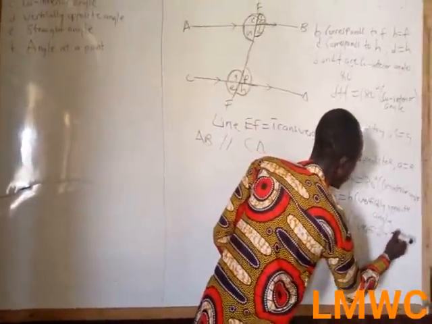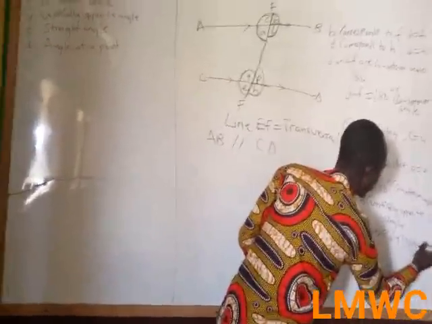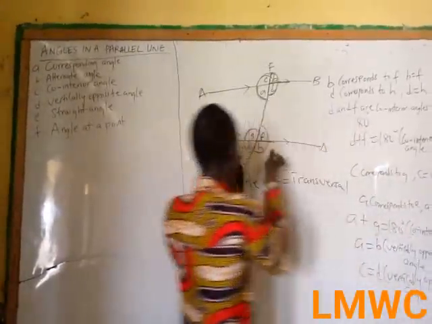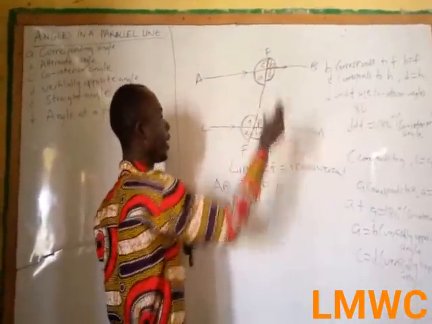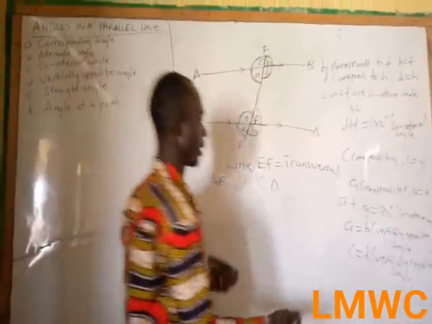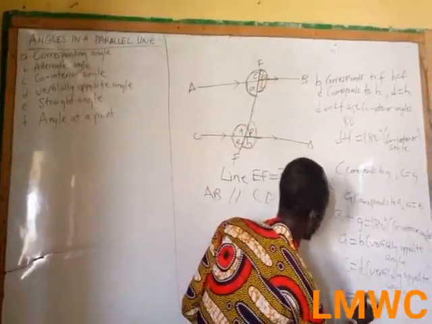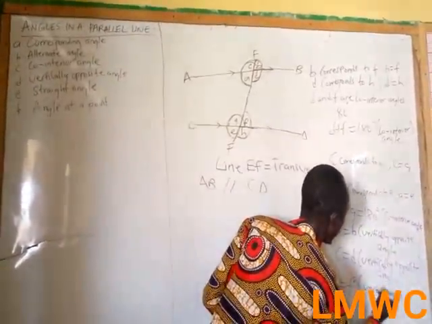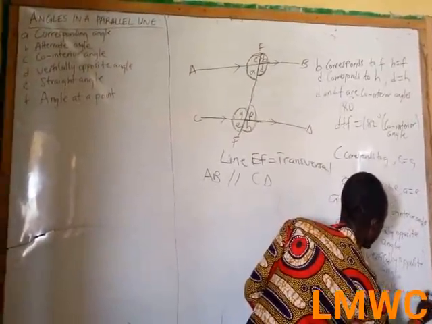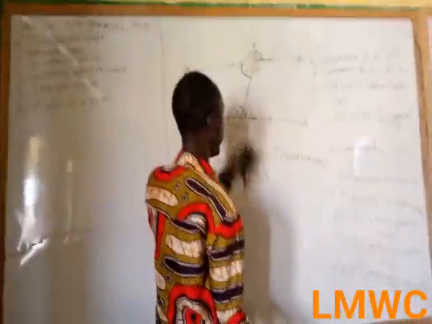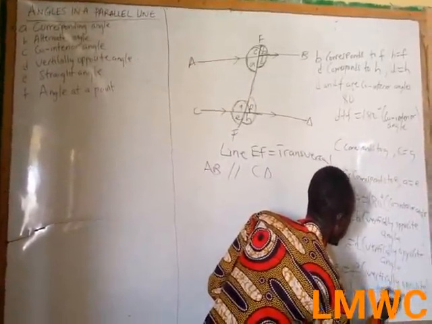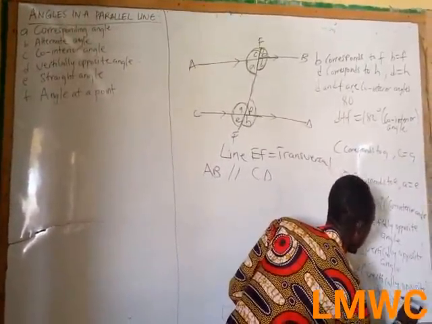Take note. If you take this portion, E is vertically opposite to F, and J is vertically opposite to H. So G is equal to F, vertically opposite. And J is equal to H, vertically opposite.